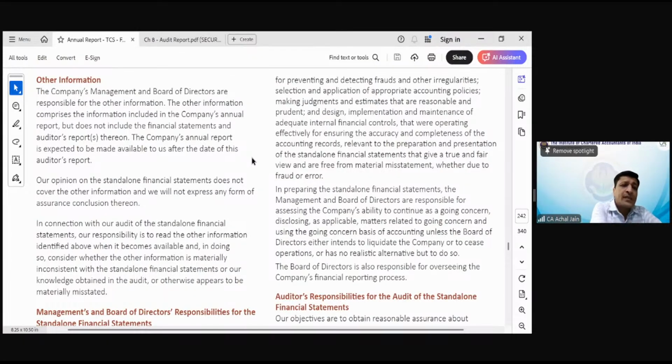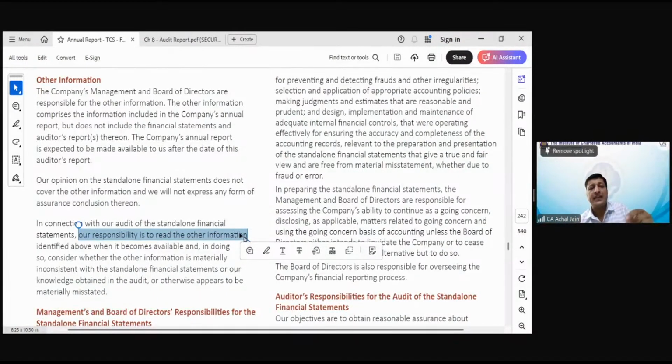In connection with our audit of financial statements, our responsibility is what? It is to read the other information when it becomes available, and in doing so, consider whether the other information is materially inconsistent with the financial statements or our knowledge obtained during the audit.